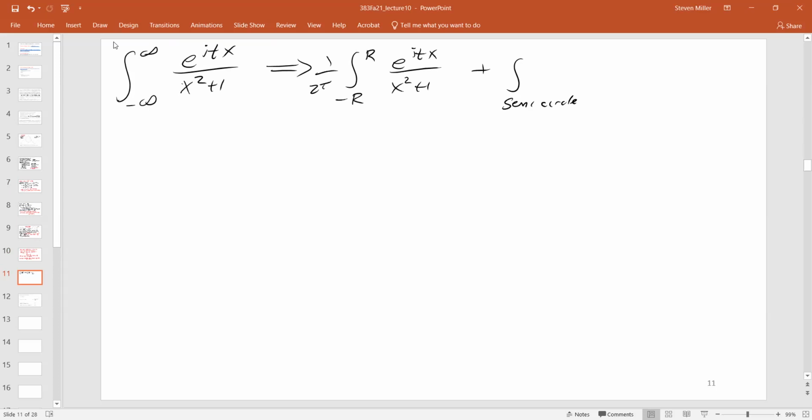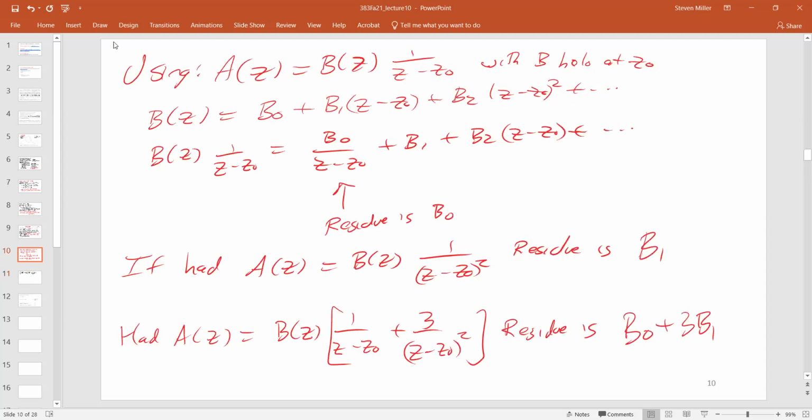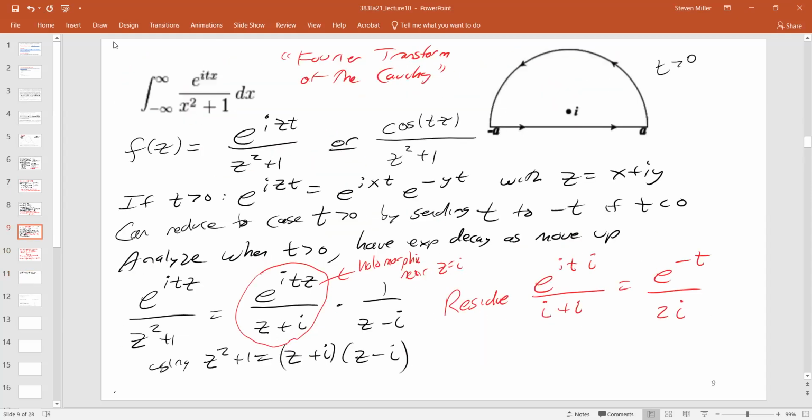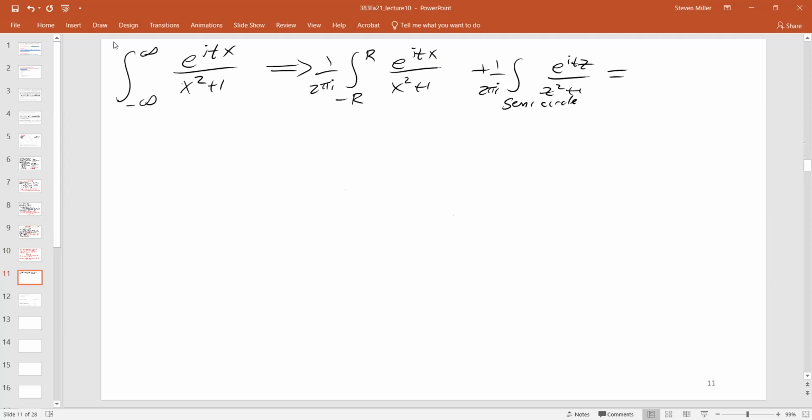I have a 1 over 2 pi i by each one of these, and then we'll have an e to the itz over z squared plus 1. And then that equals the sum of the residues. And what was the residue? I think we had it was e to the negative t over 2i. So we get e to the negative t over 2i.